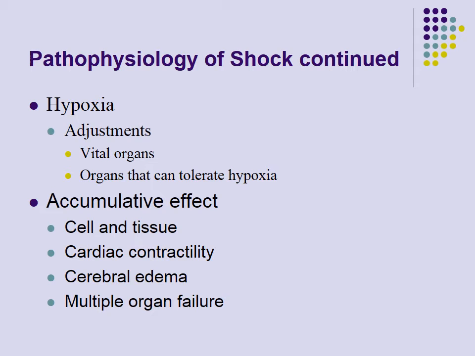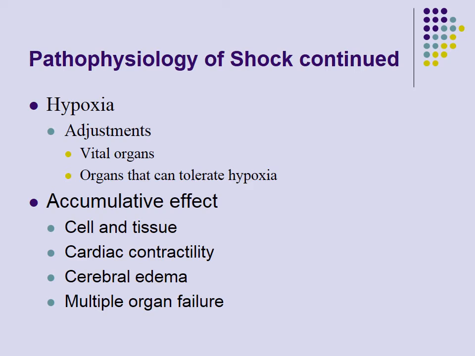So what ends up happening is we get an accumulative effect of hypoxia, metabolic acidosis, and electrolyte imbalances, and that will cause cell and tissue damage. Our heart will not contract. The cardiac contractility will diminish, and we will have cerebral edema occurring where fluid is leaking out of damaged cells.